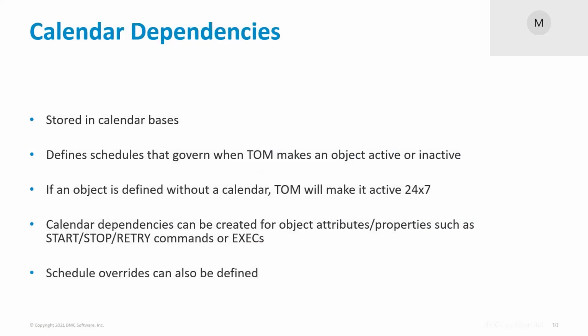Additionally, we can create calendar dependencies for commands. So you can say, well, only on certain days do I want to run these extra execs or commands against the object. And it's pretty easy to accommodate that. Also, you can set up default schedules for your objects, and then you can set up calendar overrides for specific objects and times.